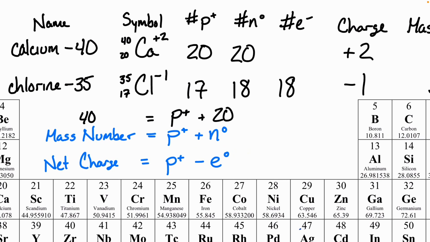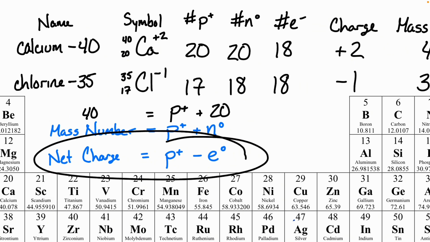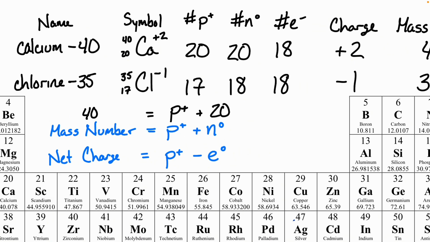And then lastly, I got to figure out how many of those electrons I have on the outside of this ion here. I have a +2 charge, so should I have more protons or electrons? More protons. I should have 2 more protons than I do electrons, so 18. And again, you can use this equation here. You'll always get the correct number, but it's a little bit easier, I think, to not think about it as a math problem. Cool.